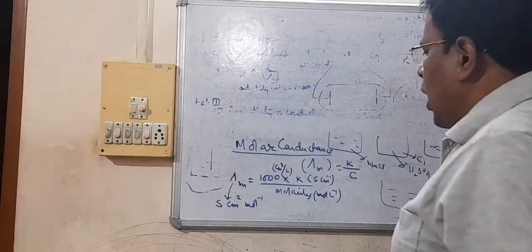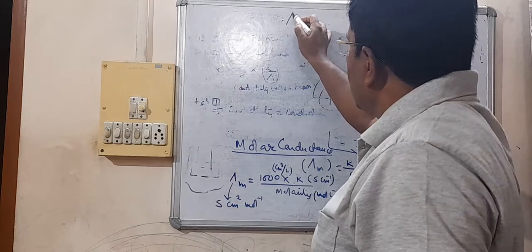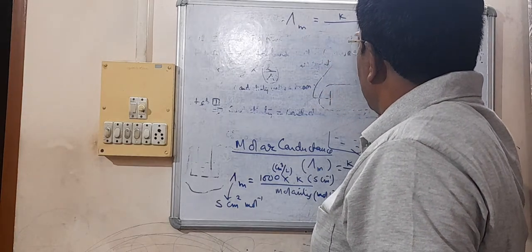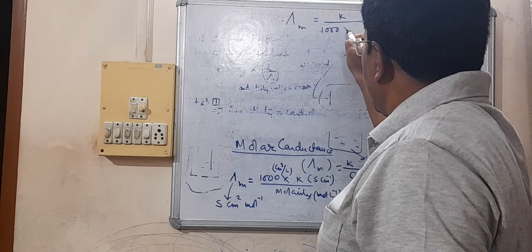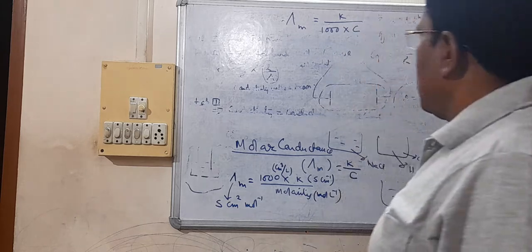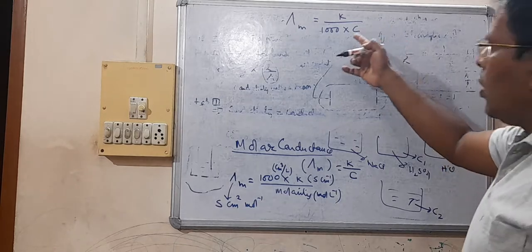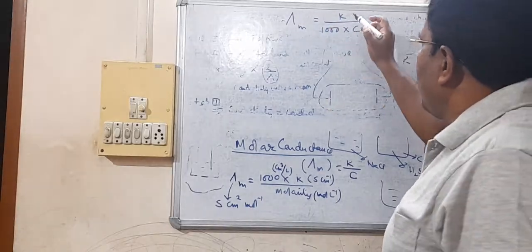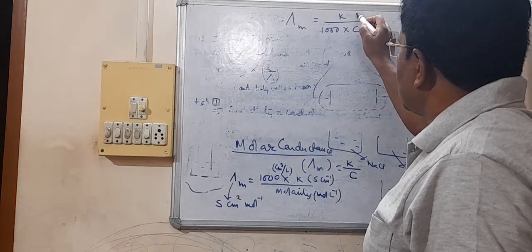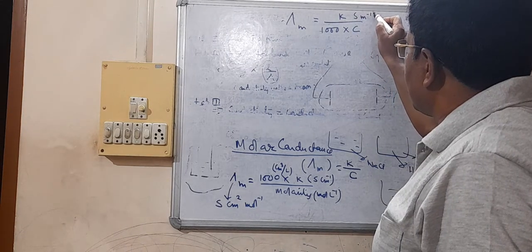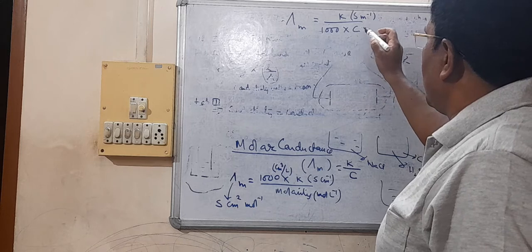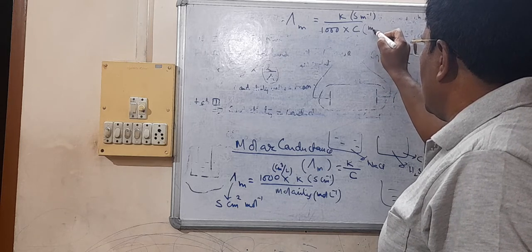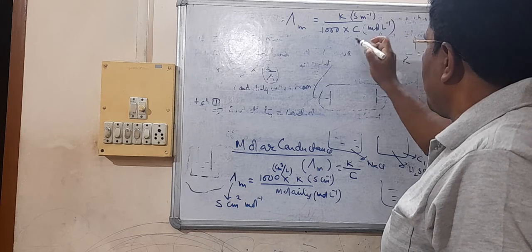There is another relation that you have to remember: molar conductance will be K by 1000 into C. When will you be using this relation? When conductivity is given as Siemens per meter, and concentration as usual in moles per liter.